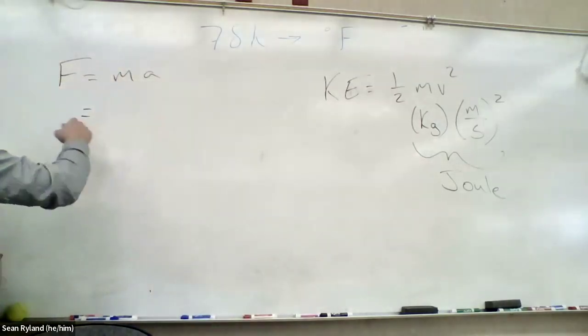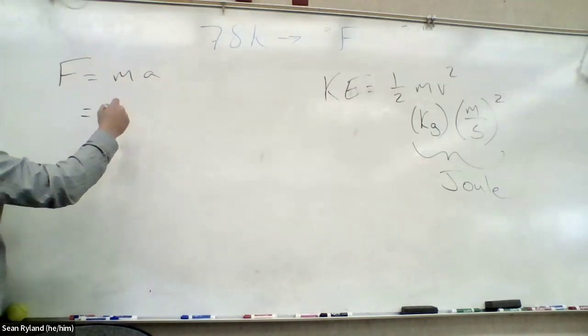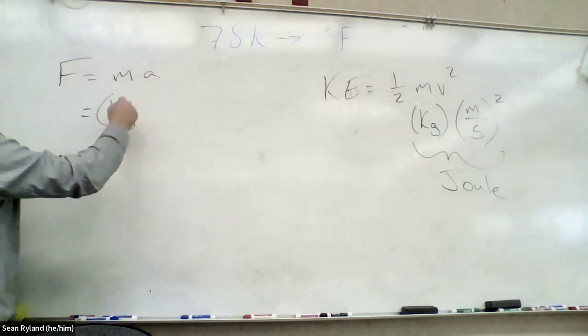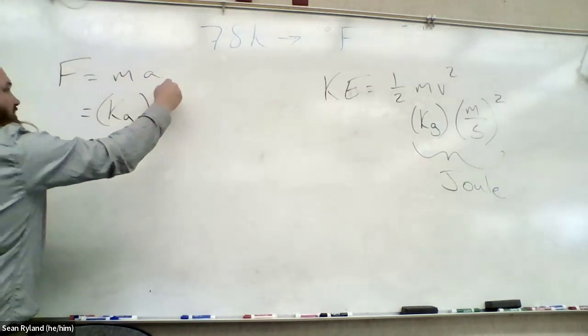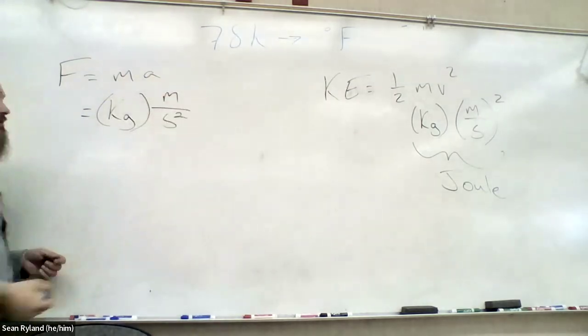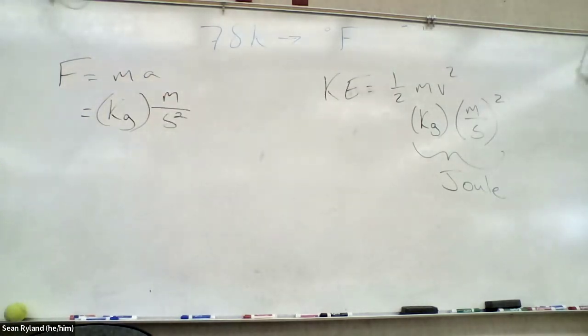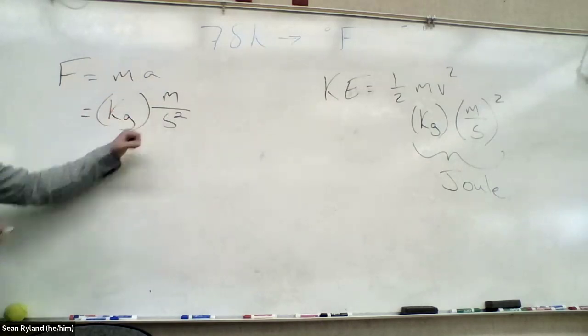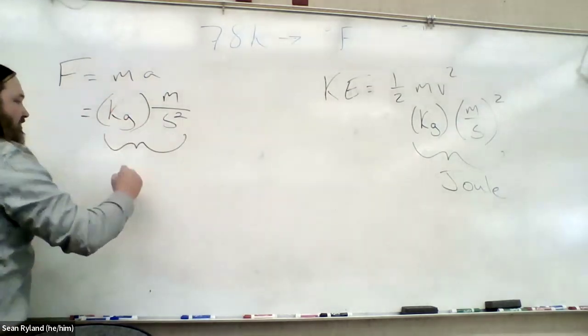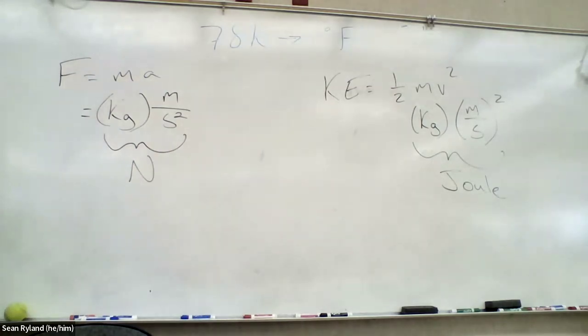So units for force, and this is less important, but just since you brought up units, it's still going to be kilograms, except acceleration is meters over seconds squared. Meters per second is how you measure change in velocity. This unit is called a Newton.